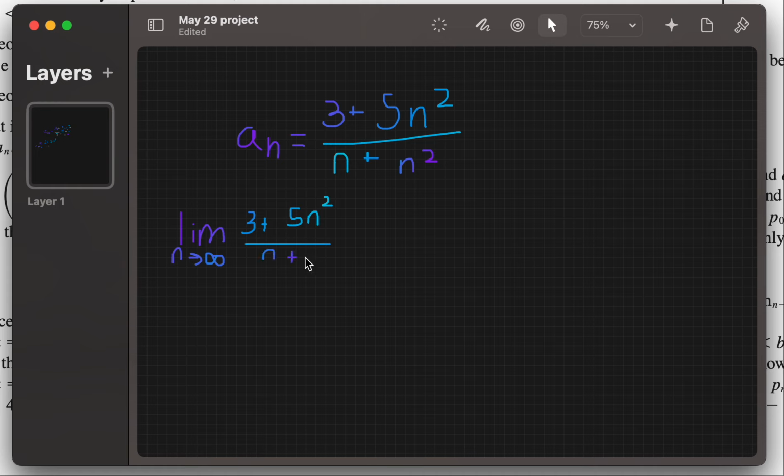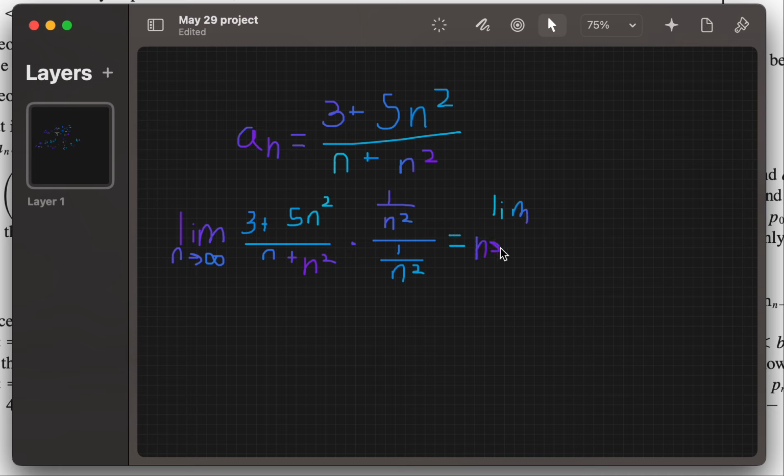And then you would do the same as what we did in our previous example. You would multiply both the numerator and the denominator by 1 over n squared and see what that would leave us with.